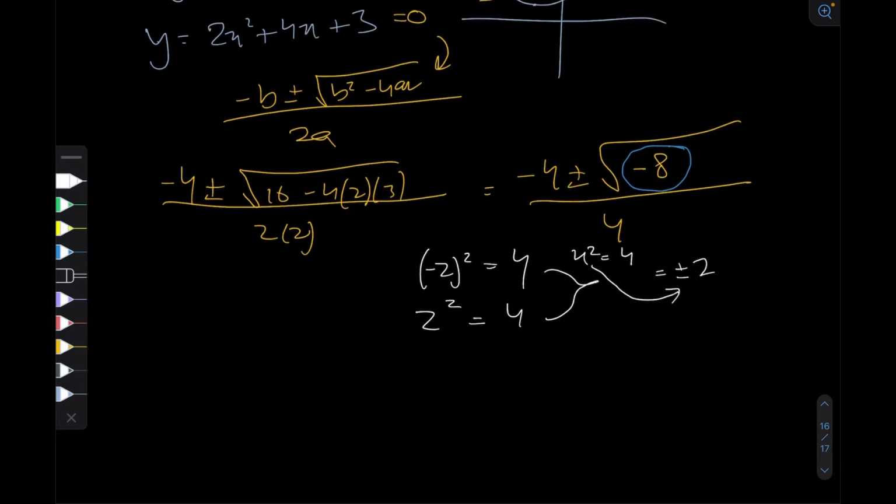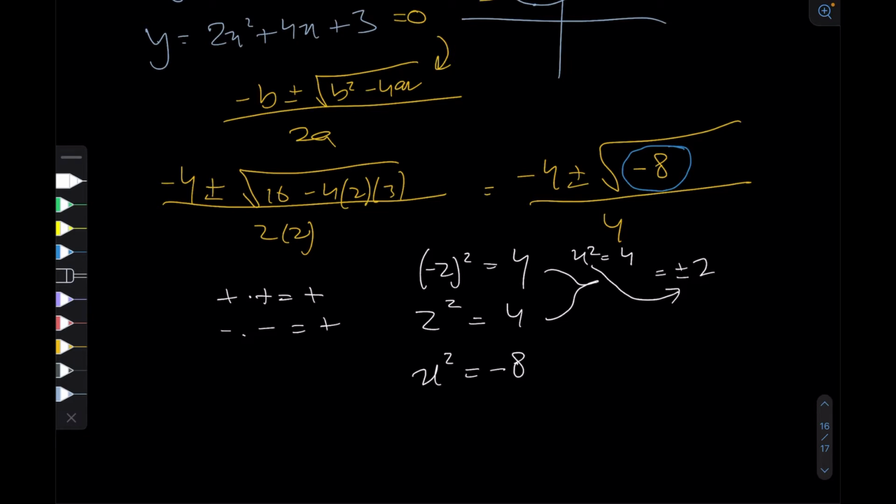But the problem is that there is no real number that when I multiply it by itself will give me a negative number, because a positive multiplied with a positive gives me positive, and a negative multiplied with a negative gives me positive, right? So as far as the numbers that we are concerned with, this breaks down.